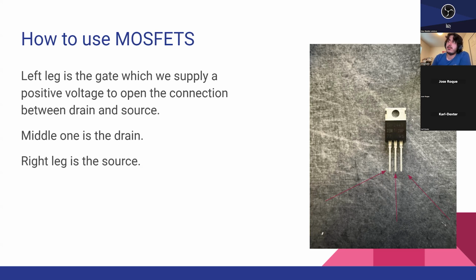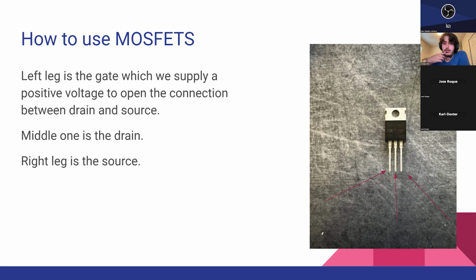Does anybody know what the limitation is for this MOSFET? What is the maximum current or voltage it can handle? I think some could go more than 10 volts, no? Yeah, more than 10 volts for sure.